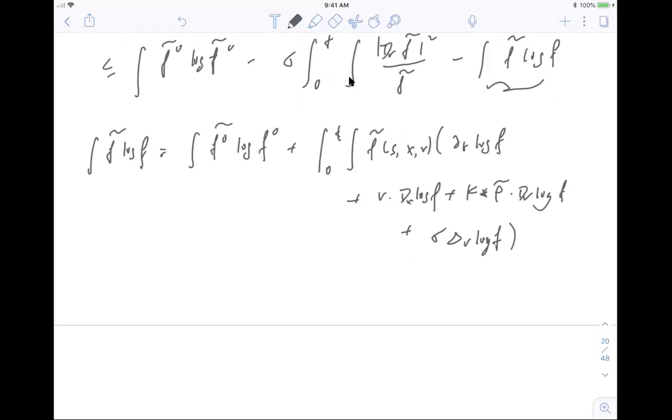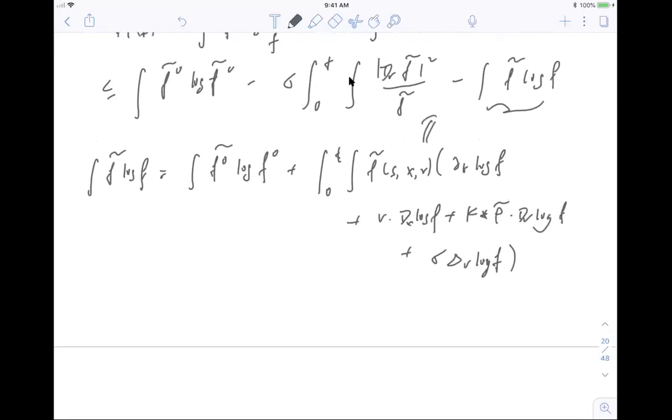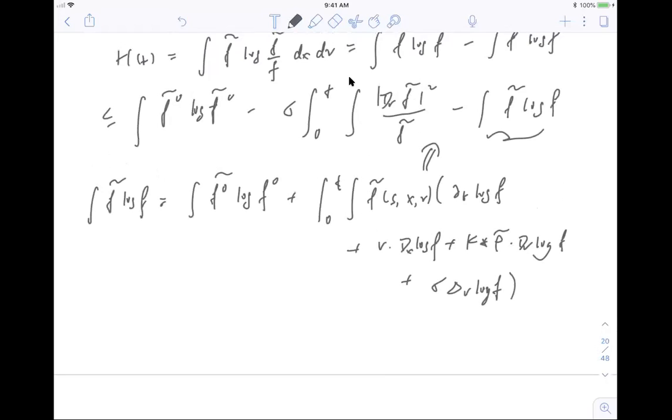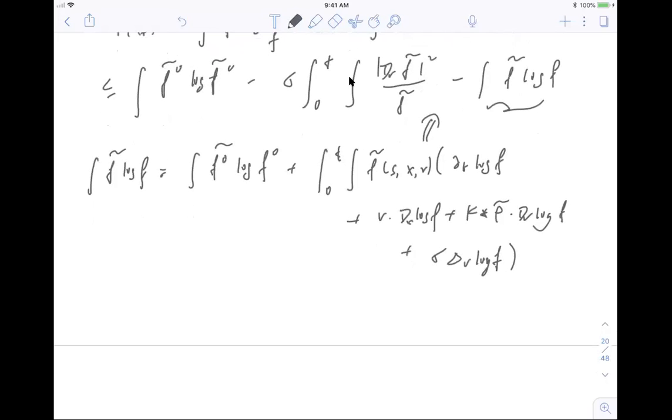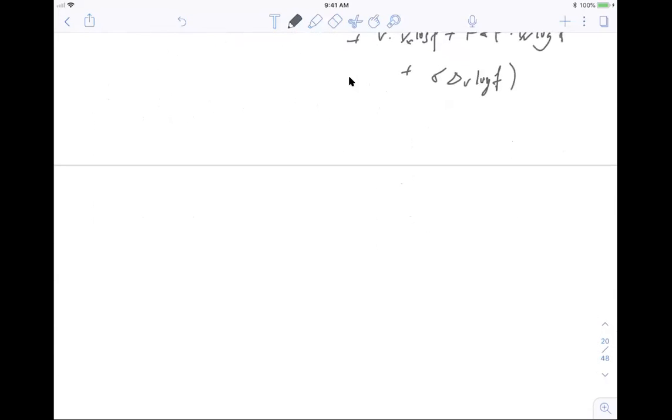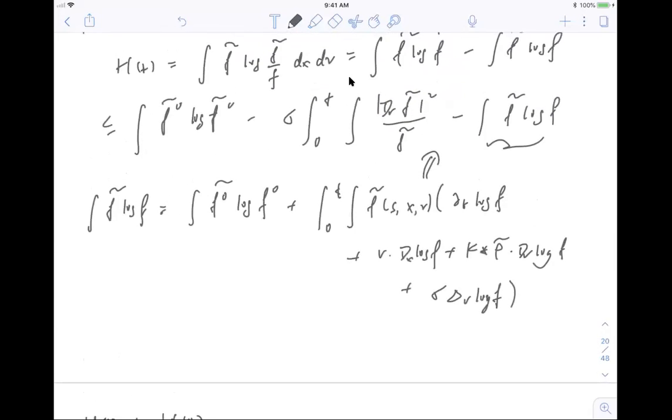Okay, so we can wrap up. We can substitute this equation into HT, and we can get the following estimate. I skip many middle steps, but you can check this.